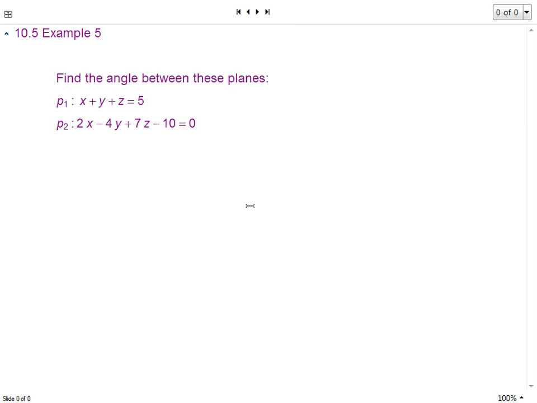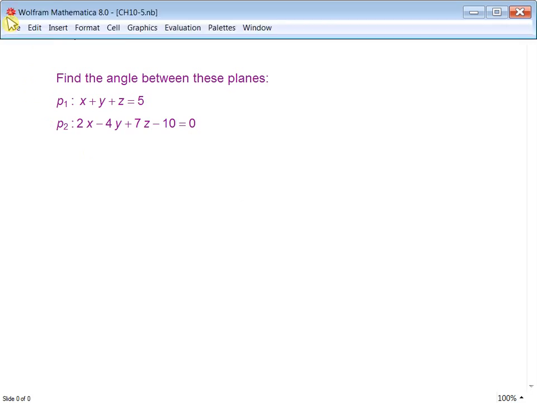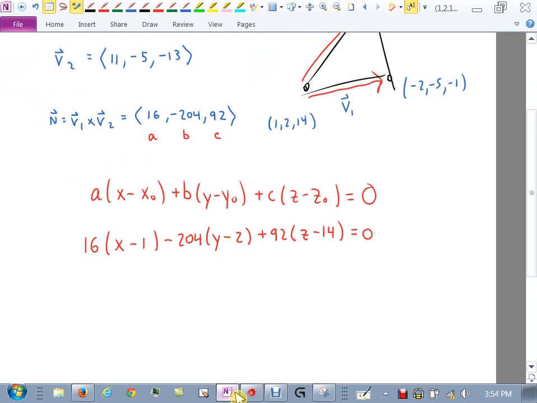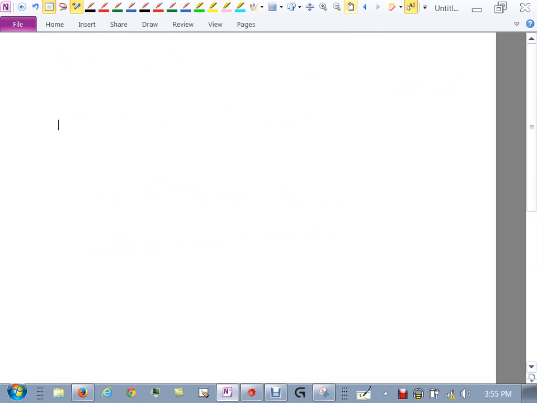So find the angle between these planes. I give you P1, x plus y plus z equals 5.